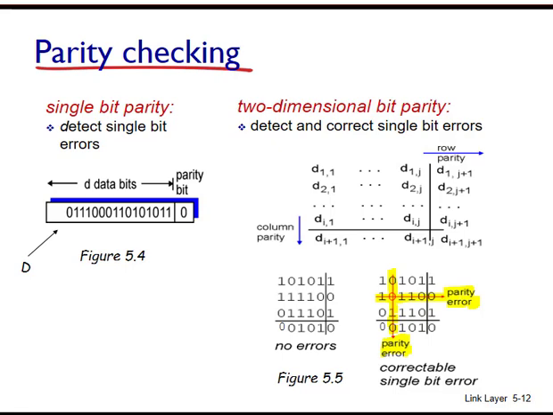The truth is that if the probability of bit errors is small, and errors can be assumed to occur independently from one bit to the next, the probability of multiple bit errors in a packet would be extremely small. In this case, the single parity bit might suffice.